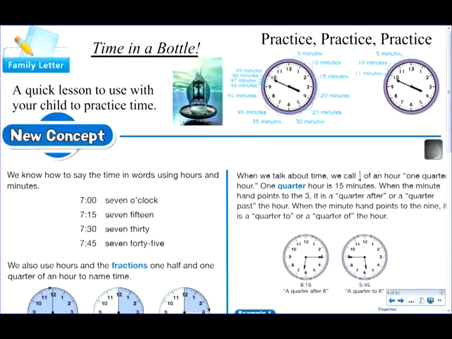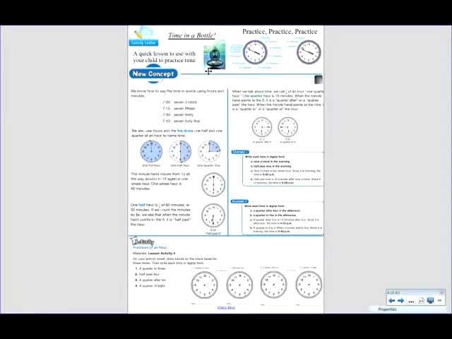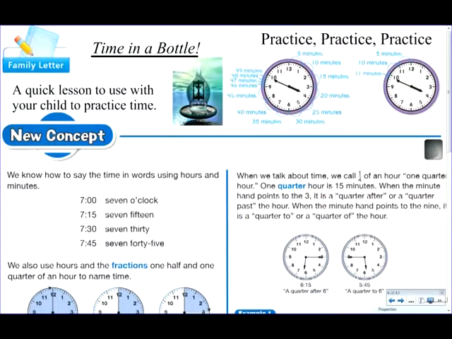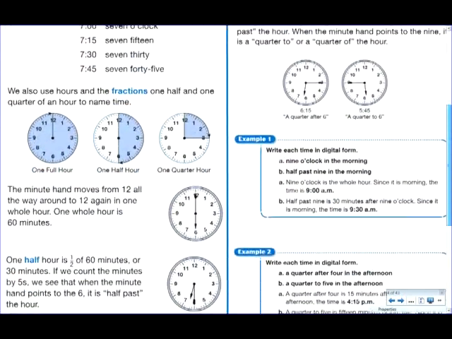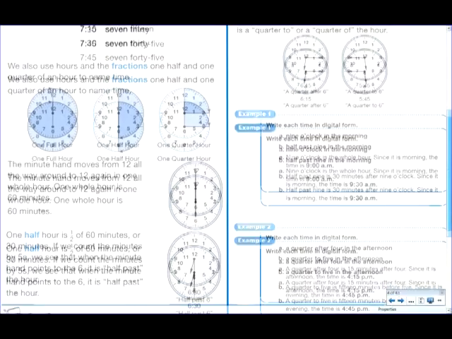Well, you're going to be getting home a letter today, and it's going to be about how to practice time with your parents. And it's going to go over how to practice the 5 minutes and how to get that as close as you can. The other things it goes over is quarter past and a quarter to.